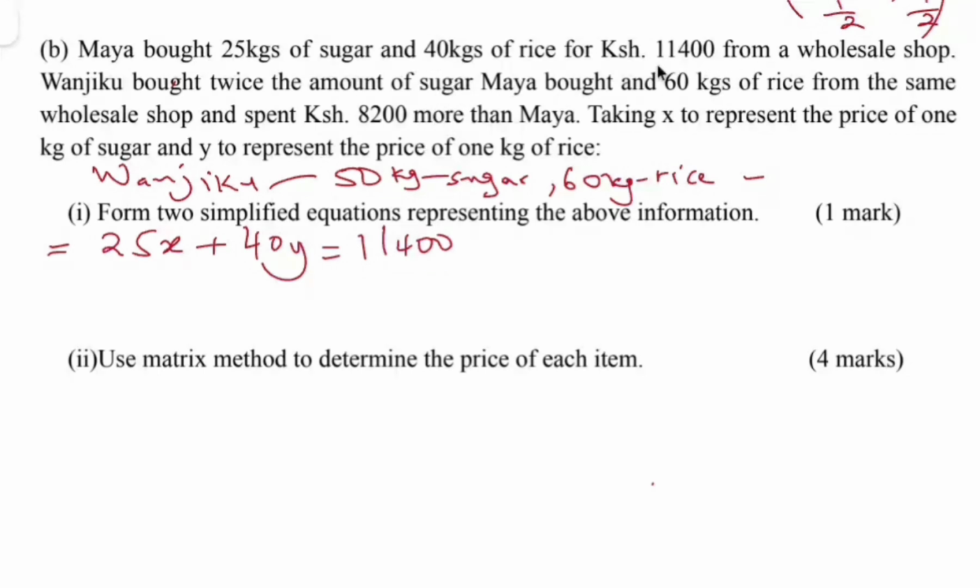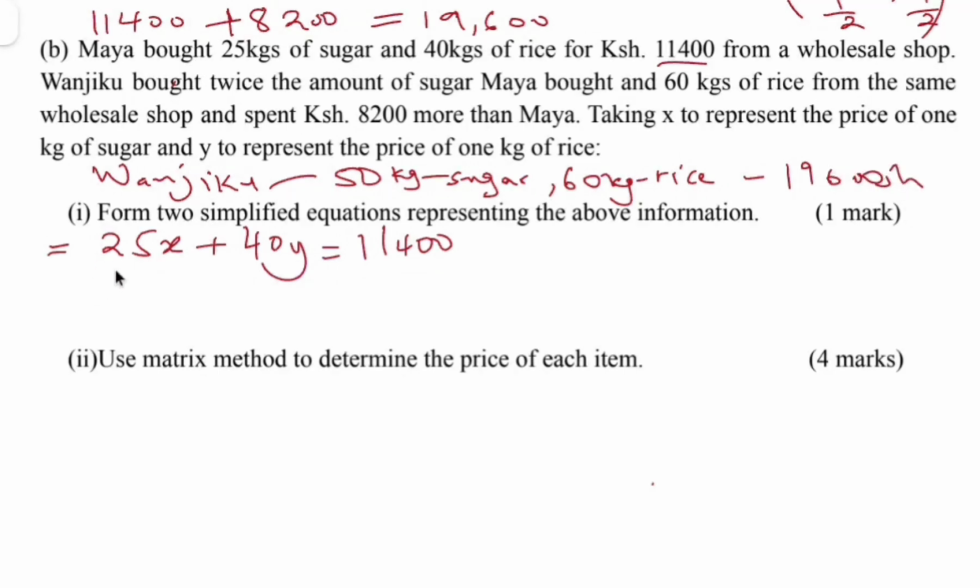Kumbuka huyu jamaa Maya alinunua 11,400 shillings, lakini Wanjiku akaspend 8,200 shillings more. So add 11,400 plus 8,200, it gives you a total of 19,600 shillings. So they spent a total of 19,600 shillings.